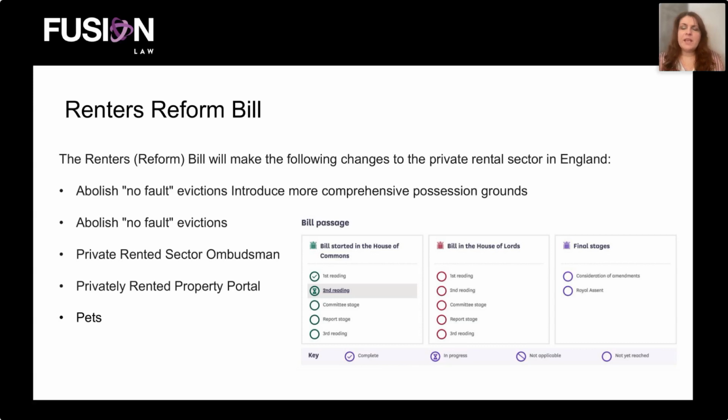Now, in terms of the grounds for possession, the bill proposes to amend the current ones. Specifically, they will allow landlords to require possession when they want to occupy the property or when they want to sell the property.